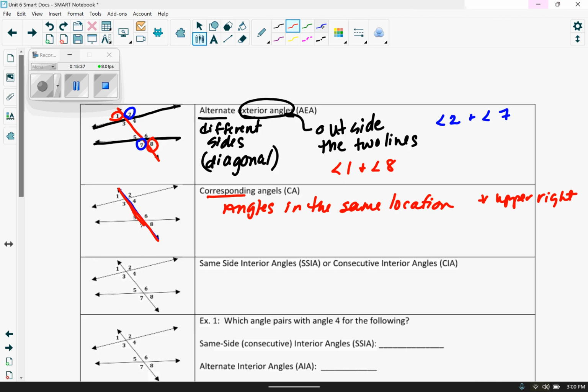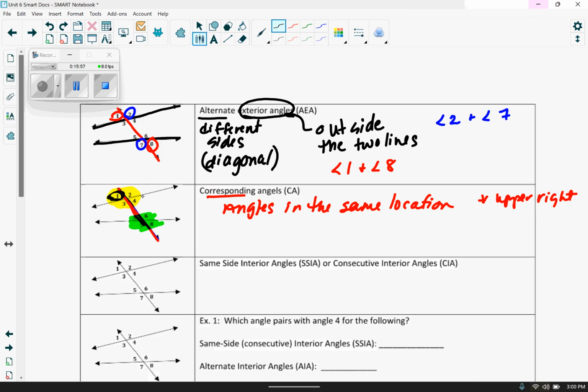But keep in mind, we're really looking at this set and this set, because those are kind of like clusters. So given those clusters of numbers, we're running corresponding.